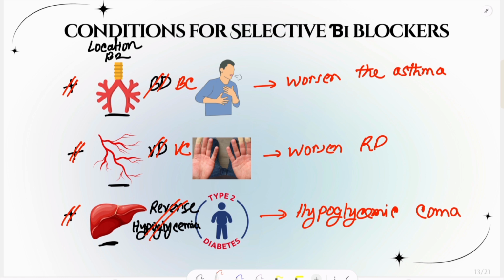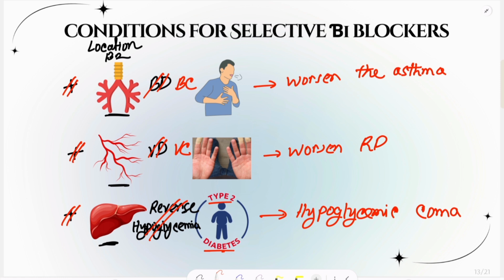Yes, it is seen in patients with type 2 diabetes. In patients with type 2 diabetes, taking hypoglycemic agents in overdose or missing a meal will usually lead to hypoglycemia. And if we block beta 2 in such a patient, the liver cannot reverse the hypoglycemia produced by missing a meal or taking an overdose of hypoglycemic drugs, and as a result the person will go into hypoglycemic coma.